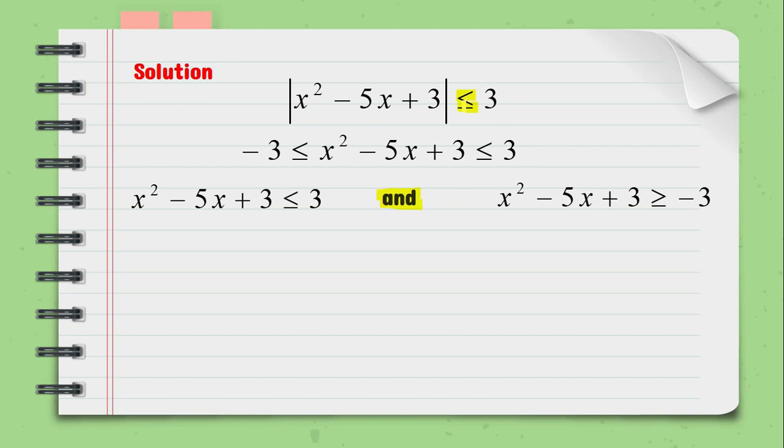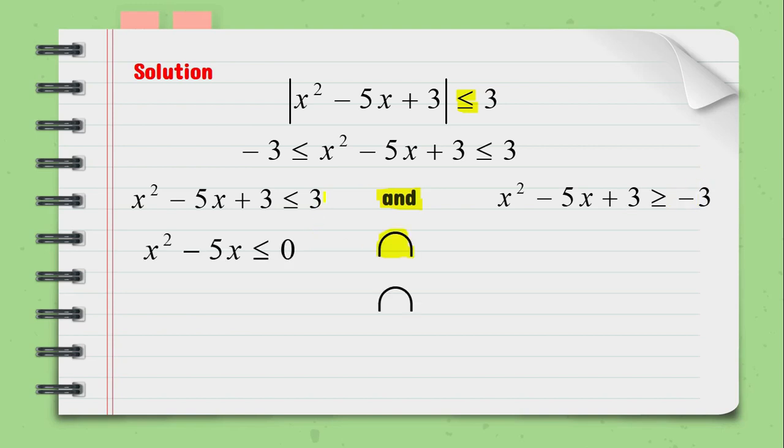How to write down? For the first part, you just copy the question without the absolute value, and for the second part, you just switch the sign. Less than or equal becomes more than or equal, and if here is positive 3, you switch to negative 3.